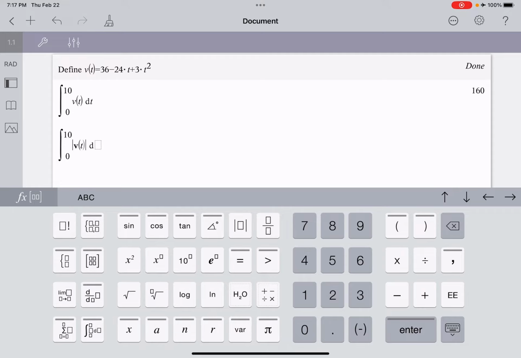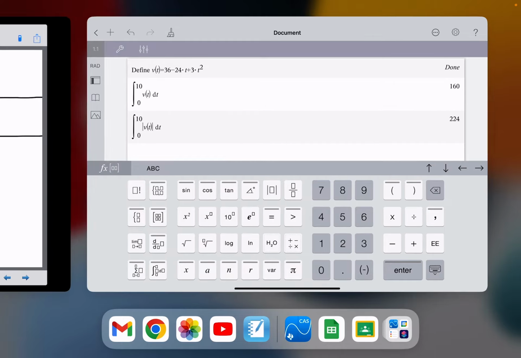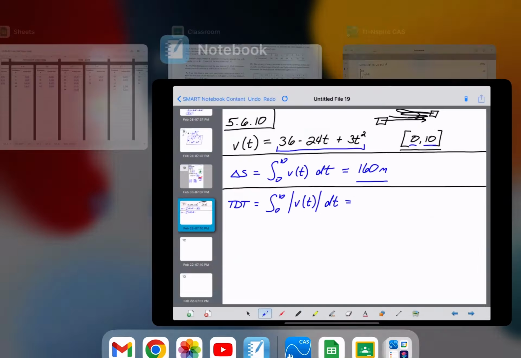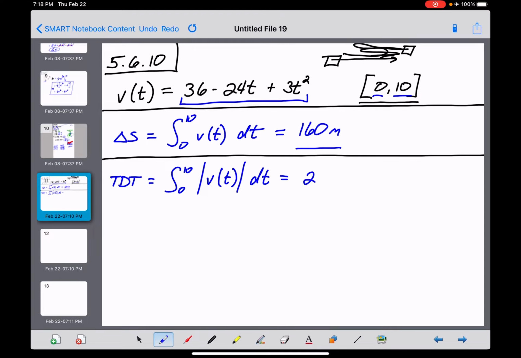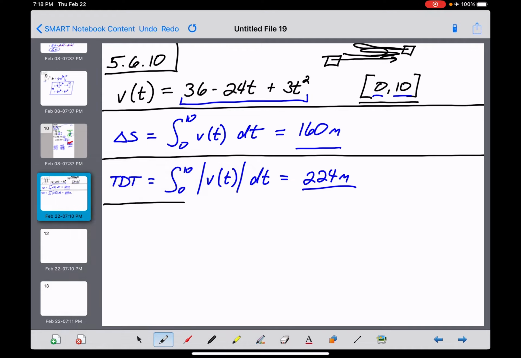So the integral of the absolute value of v of t taken with respect to t, and this one, like I thought, gets us a larger answer of 224. There's really no way this answer could be less than the 160 we came up with a second ago, and it will usually be more. 224 meters is our answer for the total distance traveled, how far this particle actually moved on its trip from 0 to 10.